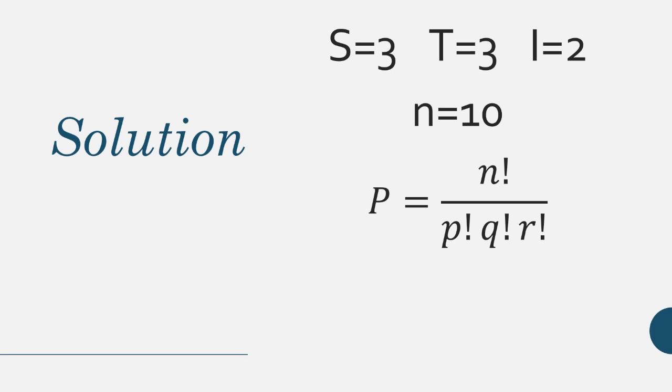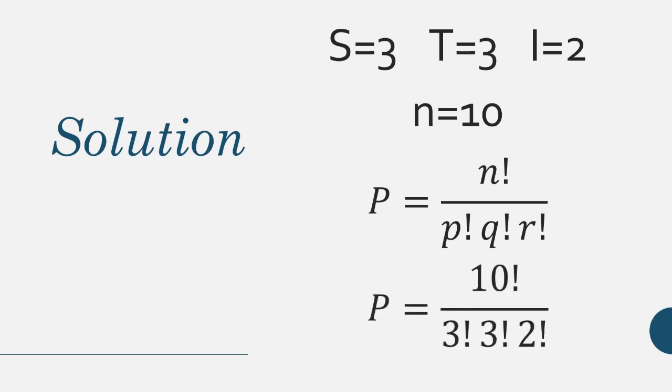So, yung S natin, siya yung mag-serve as letter P, si T, siya yung ating letter Q, at si I, siya yung ating letter R. So, substitute natin yung values, we will have the permutation of 10 factorial all over 3 factorial times 3 factorial times 2 factorial.